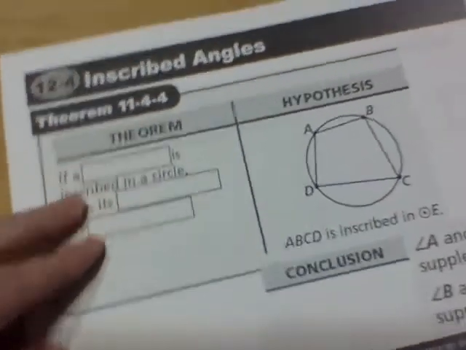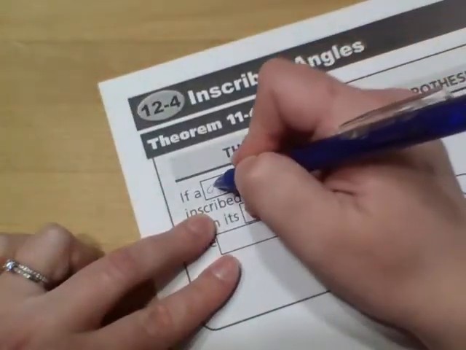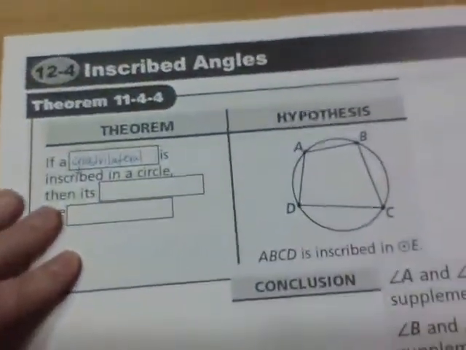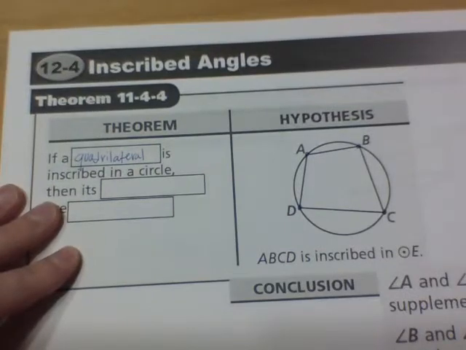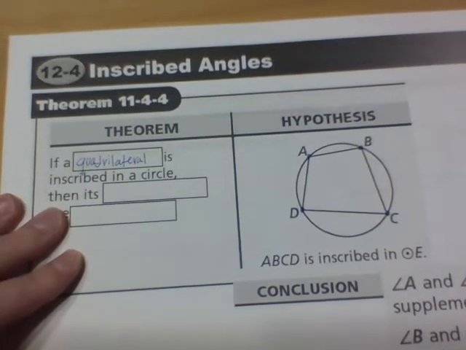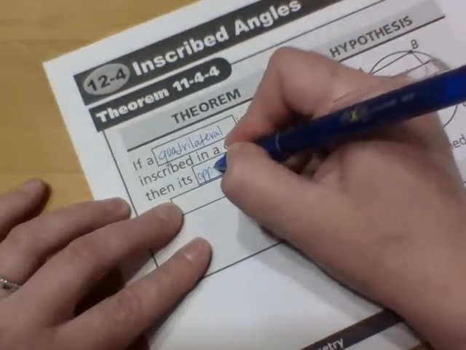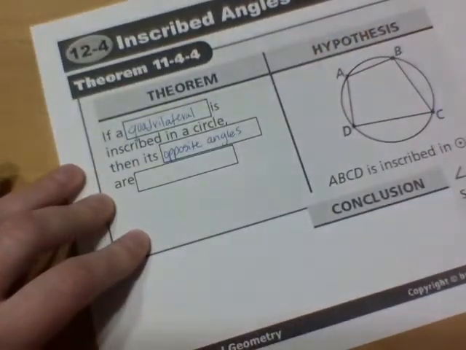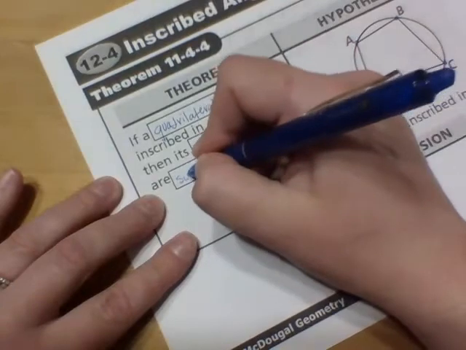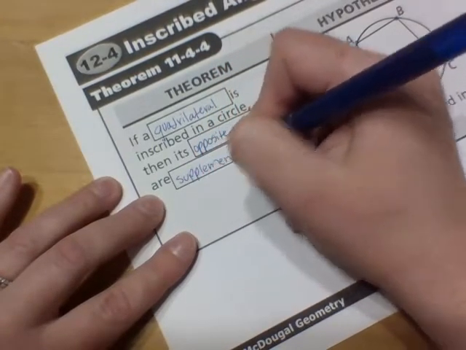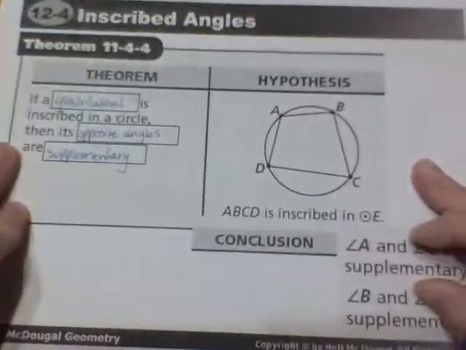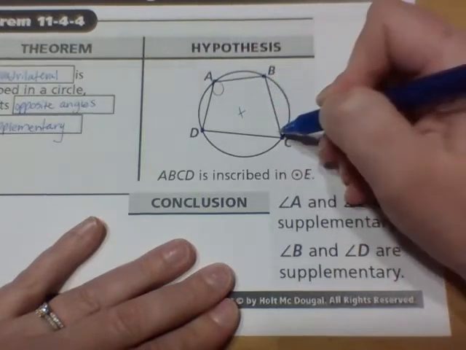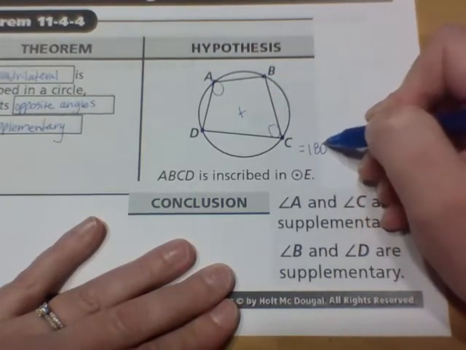So if a quadrilateral is inscribed in a circle, then its opposite angles are supplementary. So that means, at least in our conclusion here, that A plus C equals 180 degrees.